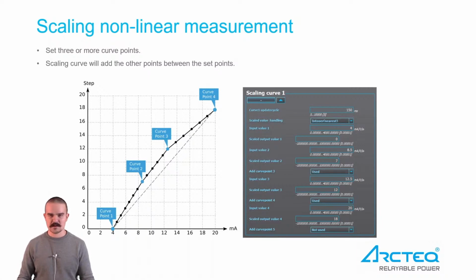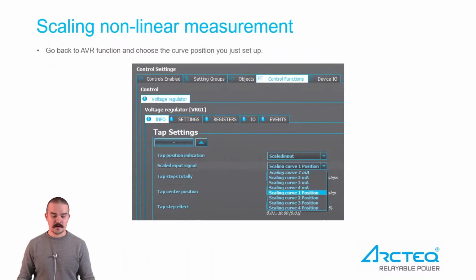Then once this has been set up, go back to the voltage regulator function, and where you would normally choose a milliamp input channel, you instead choose a scaled input and then choose one of the curves that you have just set up.